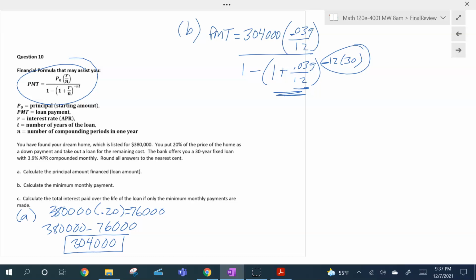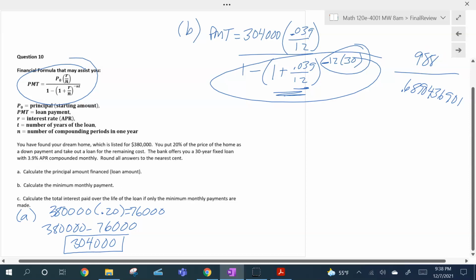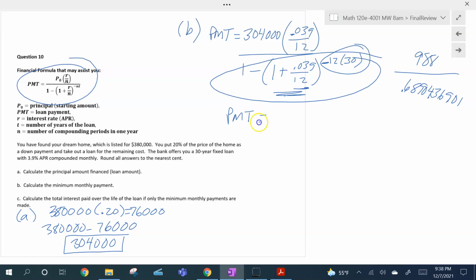So my entire bottom becomes 0.689043690, and it keeps going. Then I do the top, 304,000 times 0.039 all divided by 12. I take that 988 on the top and divide it by the former one. Again, don't cut anything short. And this payment will be 1433.87 if you round that.